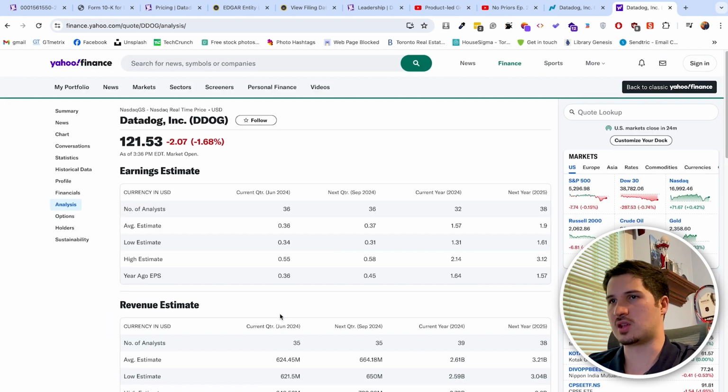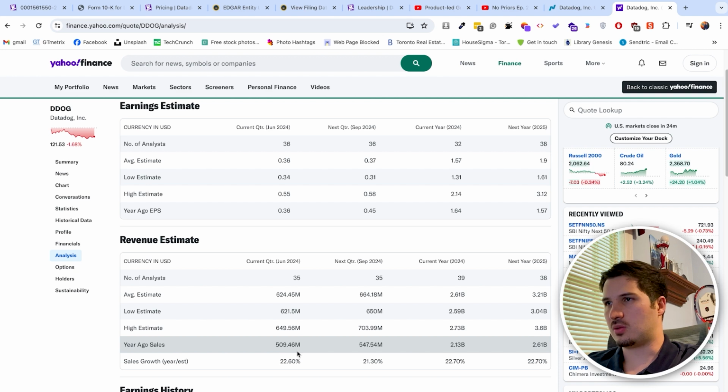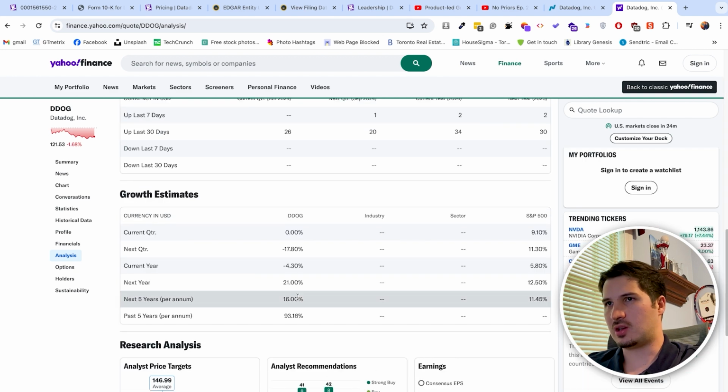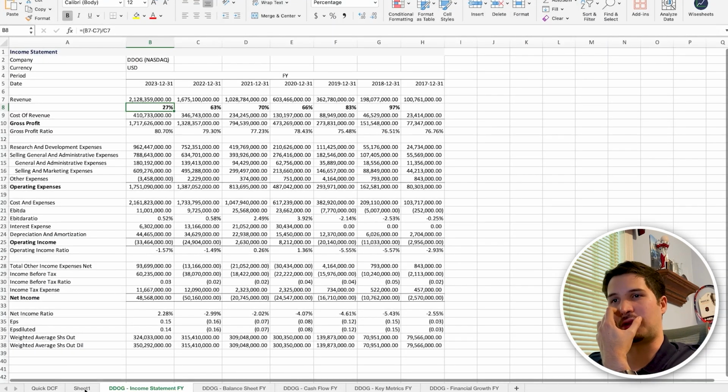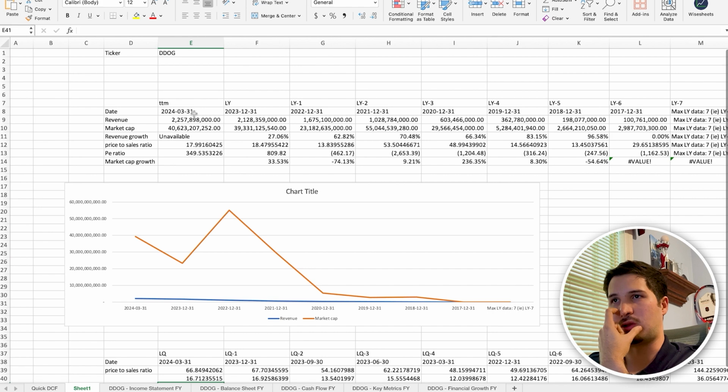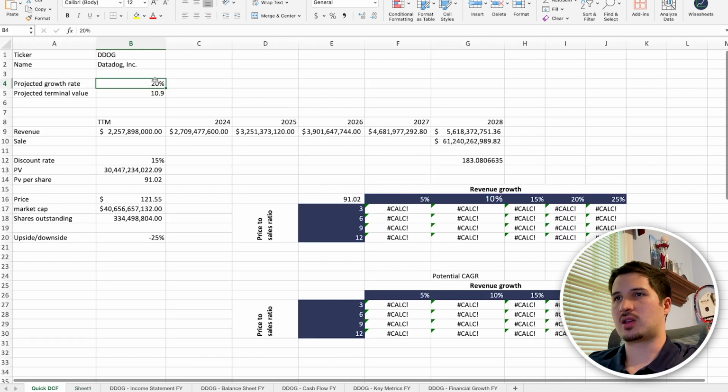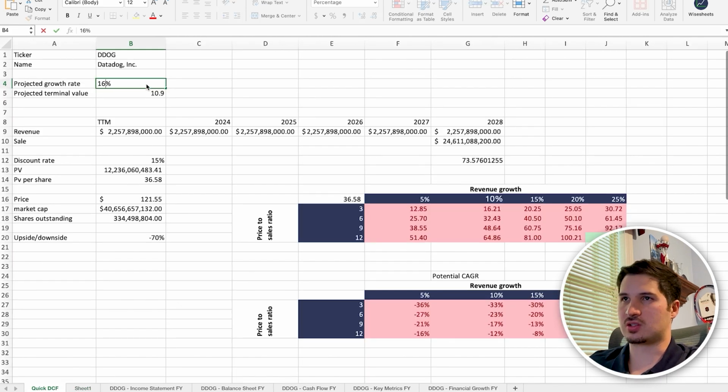They have some good estimates. Sales growth. They have one for the next 10 years. So they have 16%, which is interesting, average. We can take that. I like that conservative figure. I think that's realistic too for the company. So we're going to go back and let's just say we're going to do 16%.